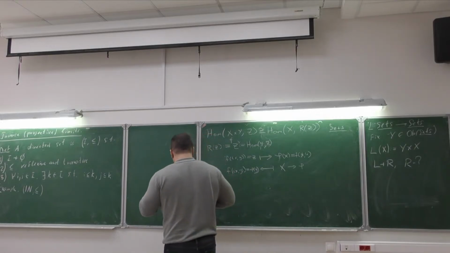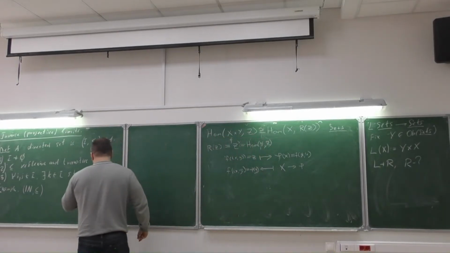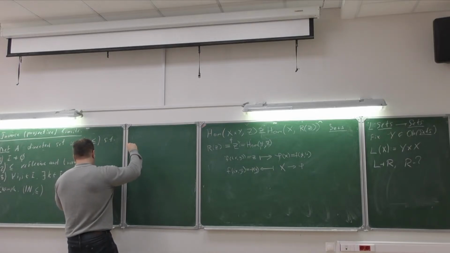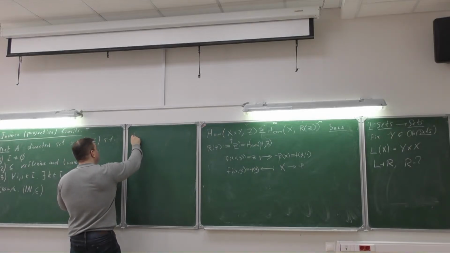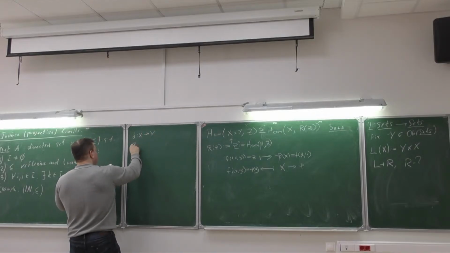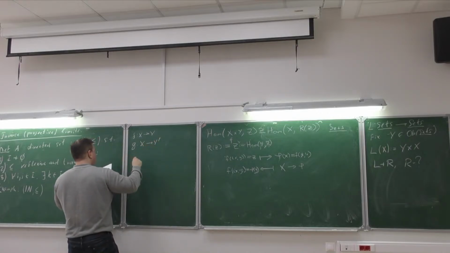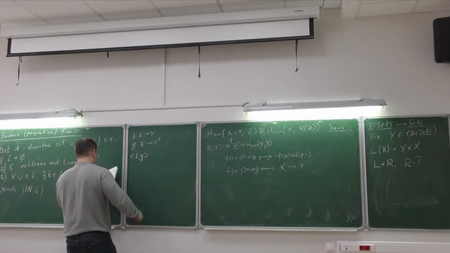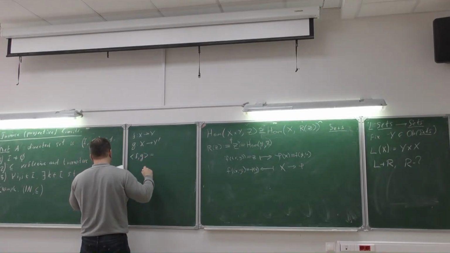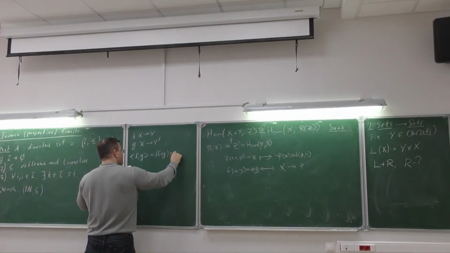So the first problem is to show that we have the following relations. Suppose f is a map from x to y, and there is a map g from x to y prime, and I want you to show that the product of f and g, I don't know how to say this correctly. On the right hand side we have a product and the composition with the diagonal map on x.